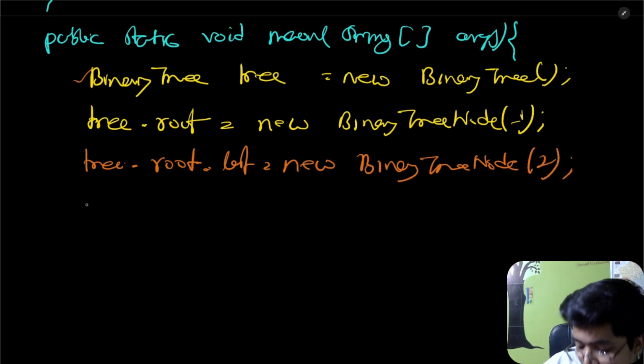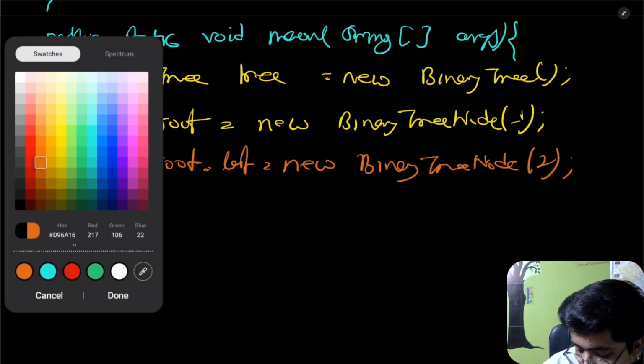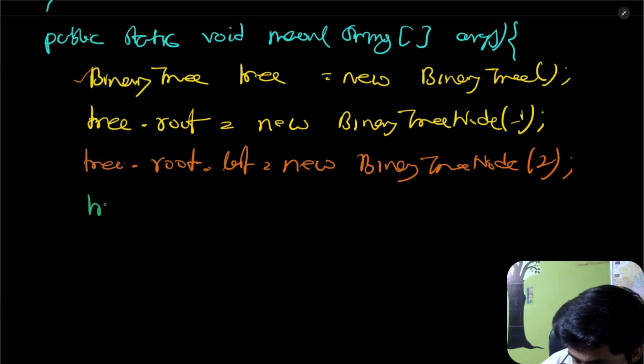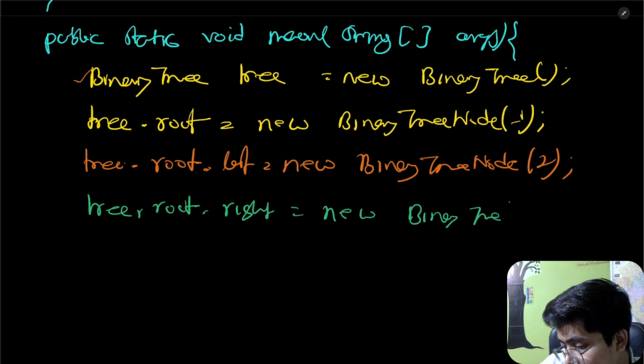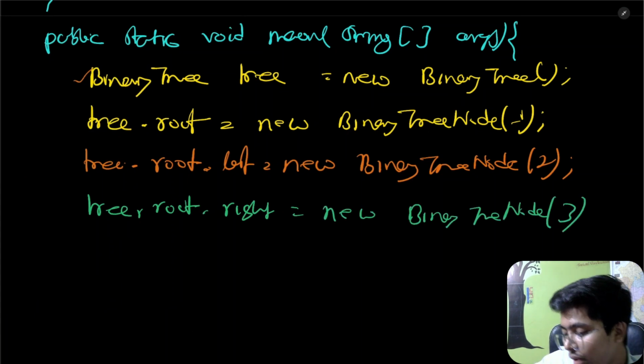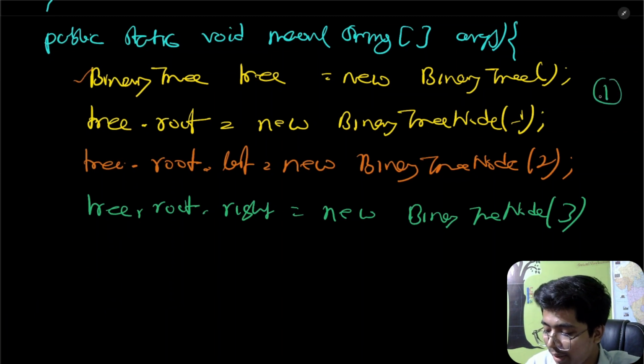Again we'll be utilizing the right side, so tree dot root dot right is new binary tree node, and now we'll be keeping the 3. So now we have created root node 1, left 2, and right 3.